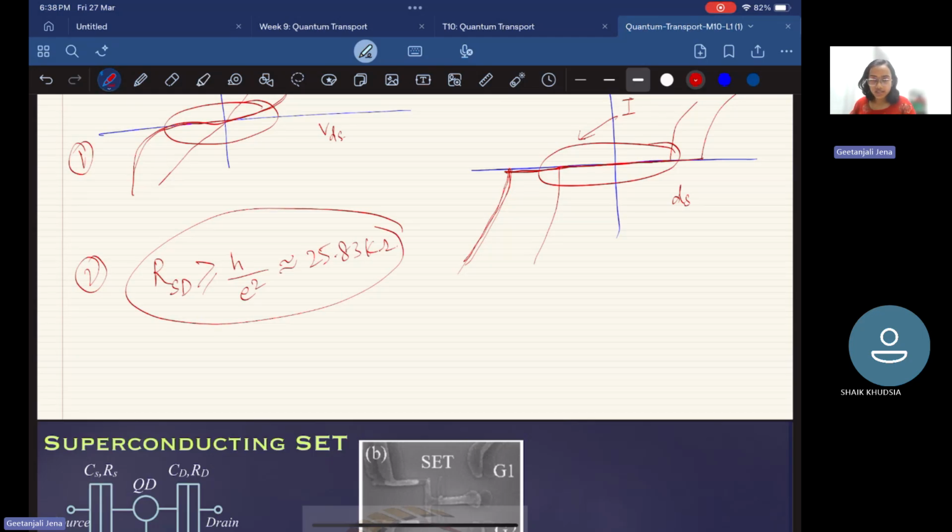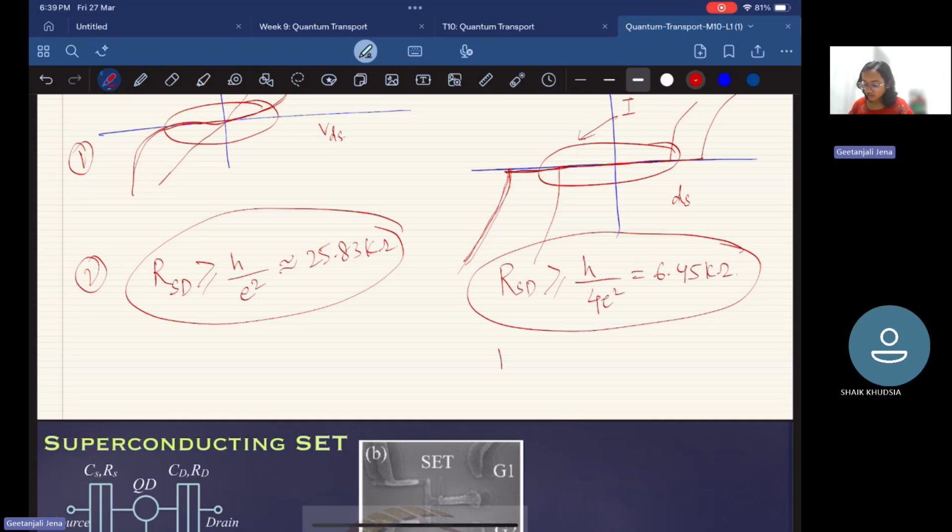But for superconducting SET, because we have two types of charge carrier, we found that for Cooper pair, the tunnel resistance should be greater than h by 4e squared. And this has a value of 6.45 kilo ohm for the Cooper pair, to see the Coulomb blockade oscillation for the Cooper pair.